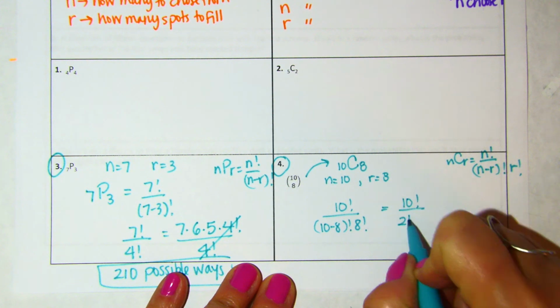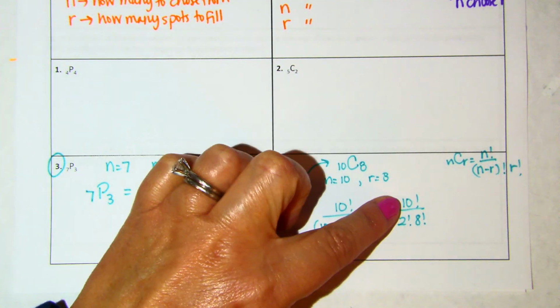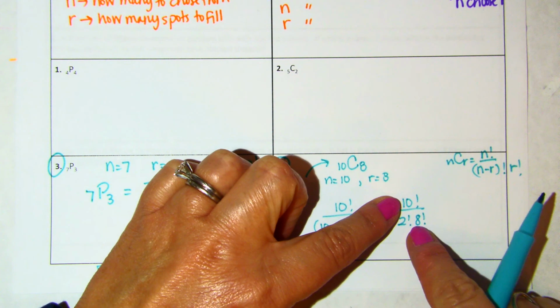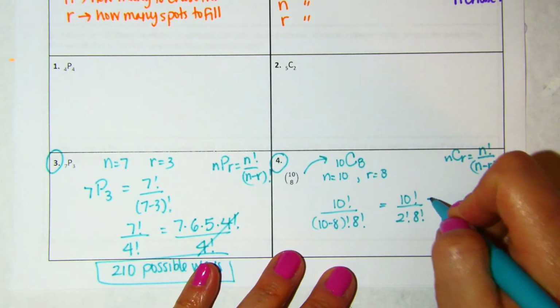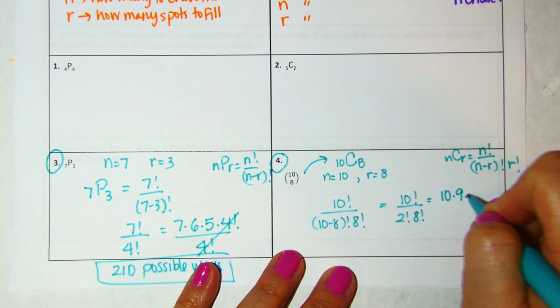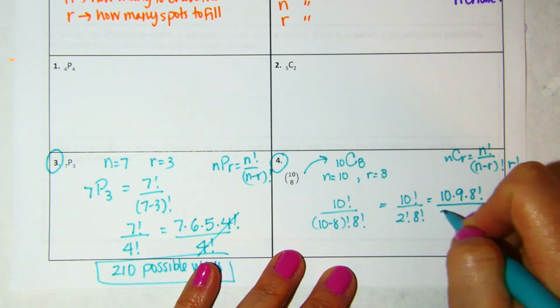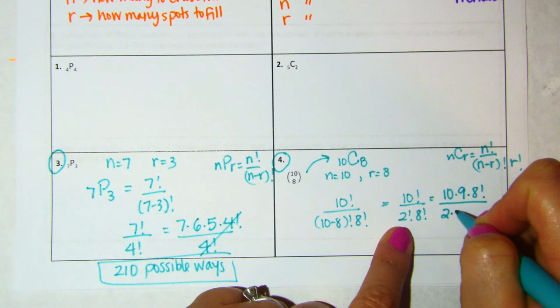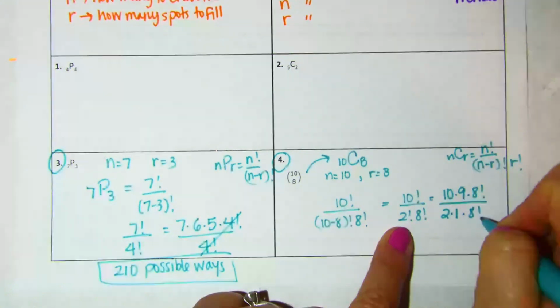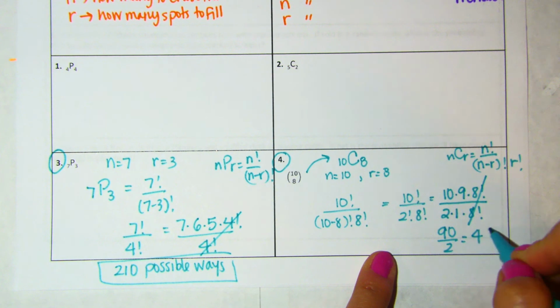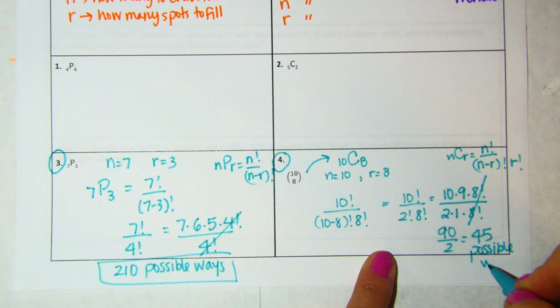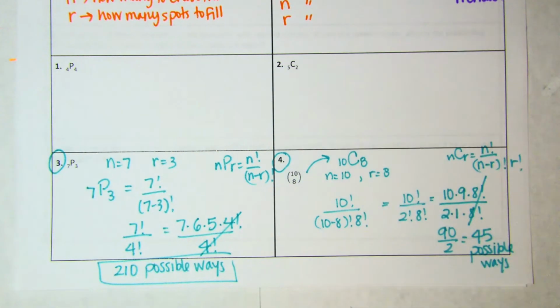So it's just a little simplifying. I'm going to rewrite 10 factorial all the way down until I have an 8 factorial so that I can cancel those. So that's going to be a 10, a 9, and then 8 factorial. 2 factorial is just 2 times 1. And those are going to cancel. So it's 90 over 2, which is 45 possible ways.